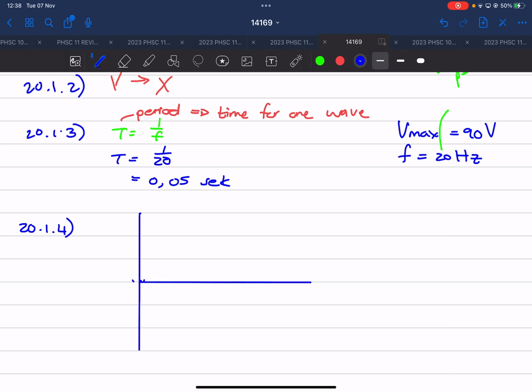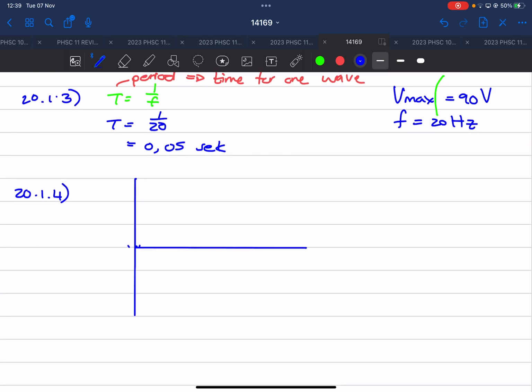Graph. They want what versus what? They want the spanning, what's spanning in Engels? Voltage. Voltage versus time.